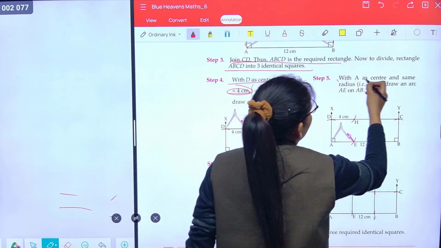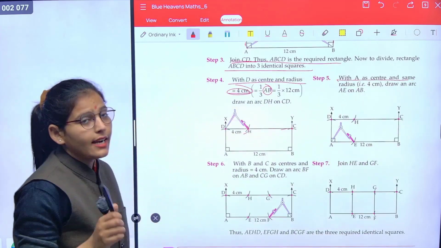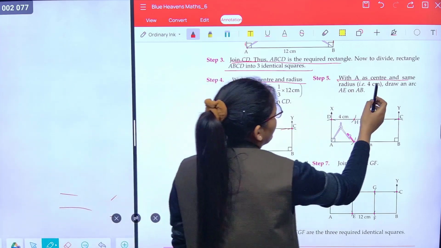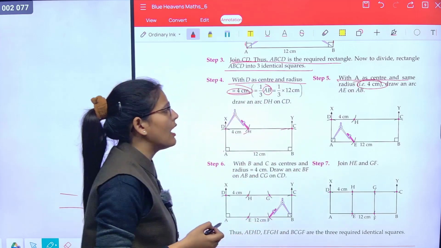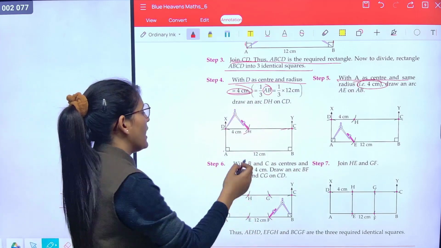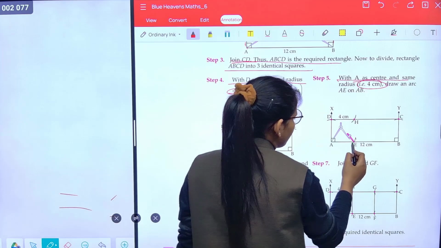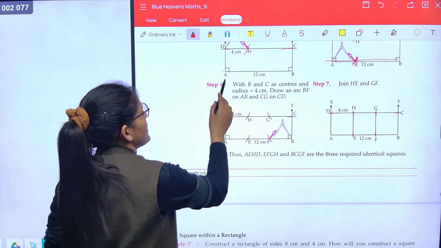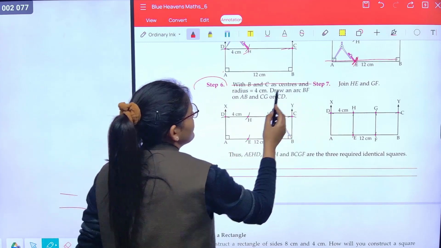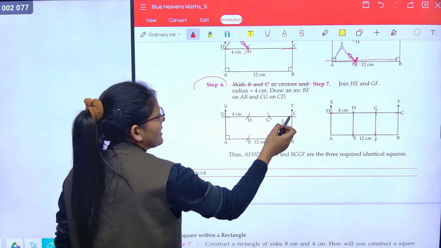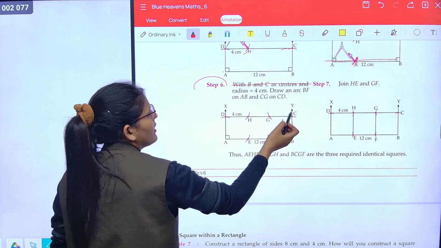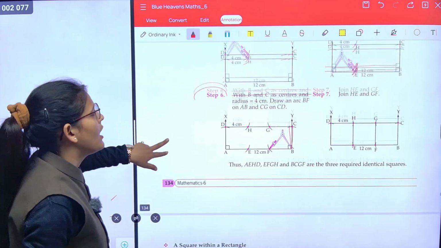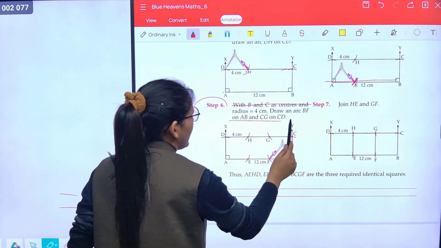Then with A as center and same radius, that is 4 centimeter, draw an arc AE on AB. Understand? Step 6, with B and C as centers, radius 4 centimeter, draw an arc BF. Now class, draw an arc BF on AB.